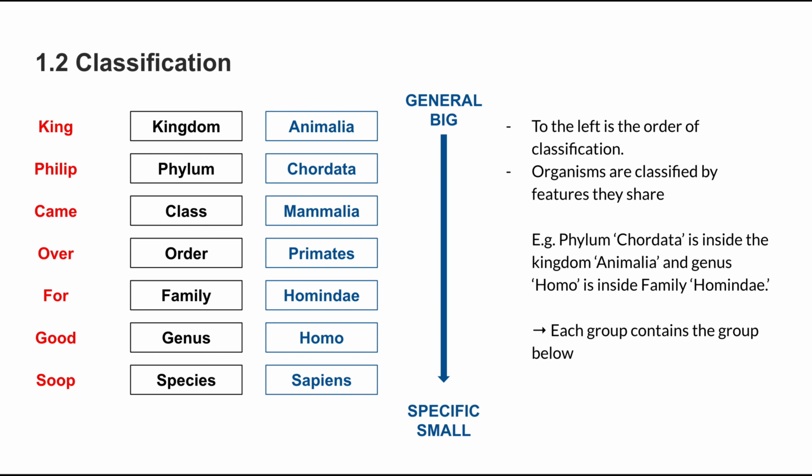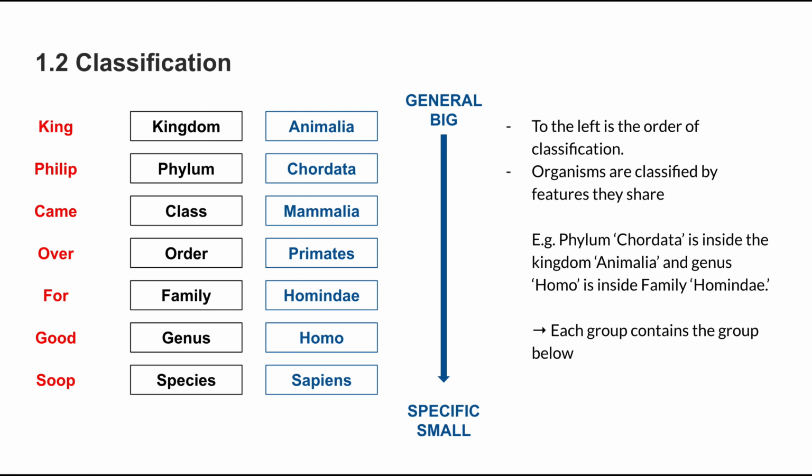There are different levels of classification. Starting from more general and big to specific and small, the largest classification level is kingdom. There's even one more, domain, which is larger than kingdom, but at IGCSE level, you just have to know kingdom, phylum, class, order, family, genus, species.